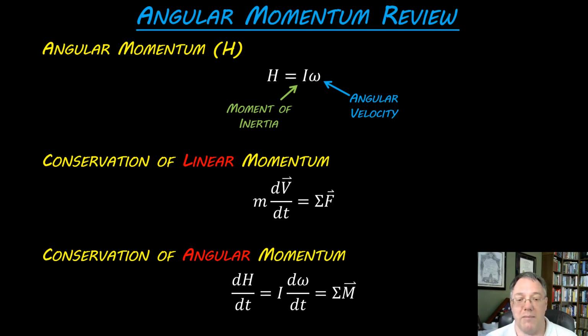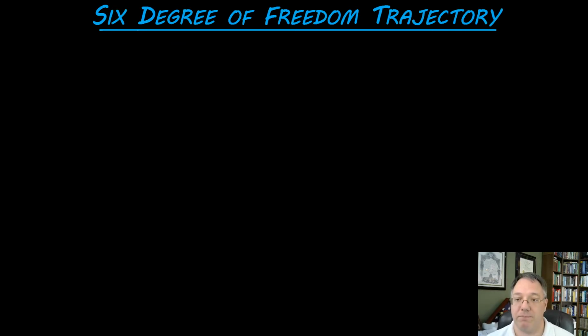So we make an analogy from there to the angular side, right? Instead of a mass, we're talking about this moment of inertia, and we're dealing with the angular acceleration, which equals the sum of our moments. All right, so that's how we get at that.